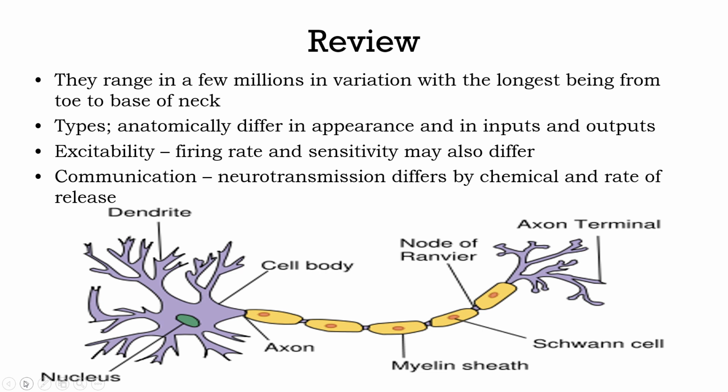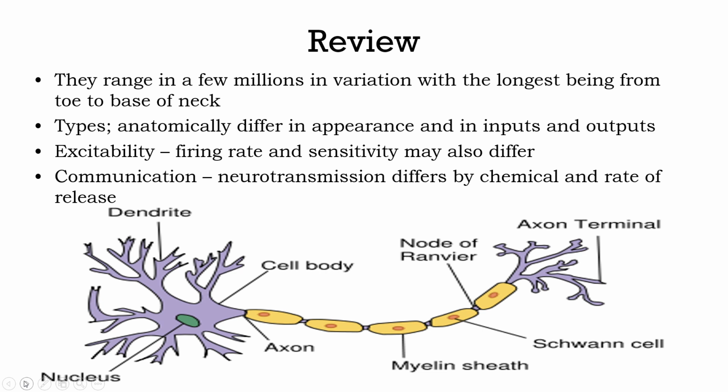Anatomically, they differ in appearance, and physiologically, they also differ in terms of whether they are inputs or outputs. Their excitability is also different in terms of firing rate. Do they fire quickly? Are they very sensitive? They also differ in that vein. And these are things that we introduced to you in physiology 1 in your second year.